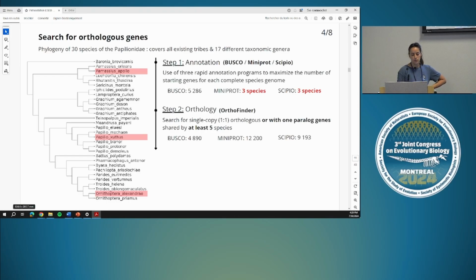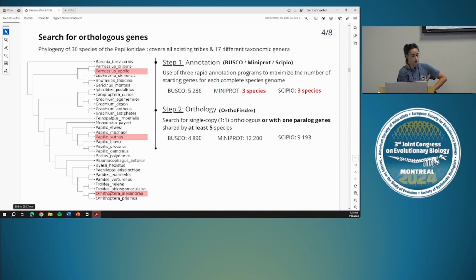The second step was to retrieve as many orthologous genes as possible from among genes annotated by the 3 programs, but independently. To do this, we used the AutoFinder program, and we selected single copy orthologous genes when they were covered by at least 5 species, and also if they had 1 paralog, but only when the paralog was a result of a recent duplication.